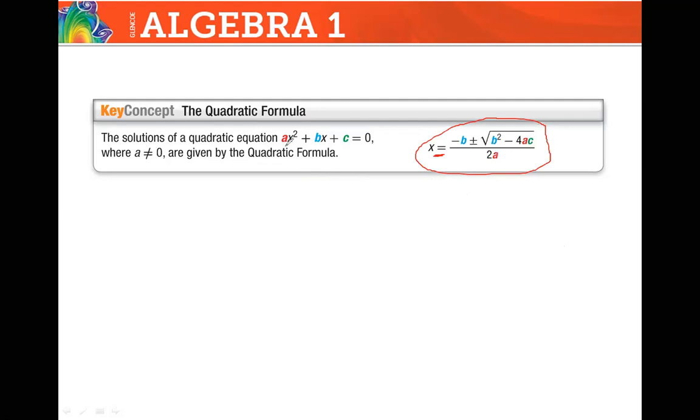You must know that a is the coefficient of x squared, b is the coefficient of x, and c is the free term.